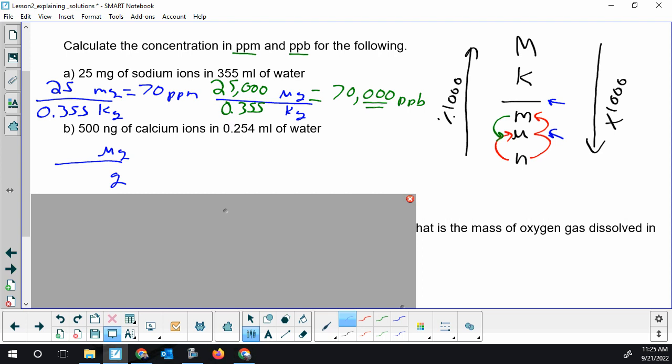To convert nano into micro, that is one jump up, nano up to micro, and I'm going up, so it's divide by 1,000. Then I need grams on the bottom, because that's a million times bigger than micrograms. Now, milliliters and grams are directly interchangeable.